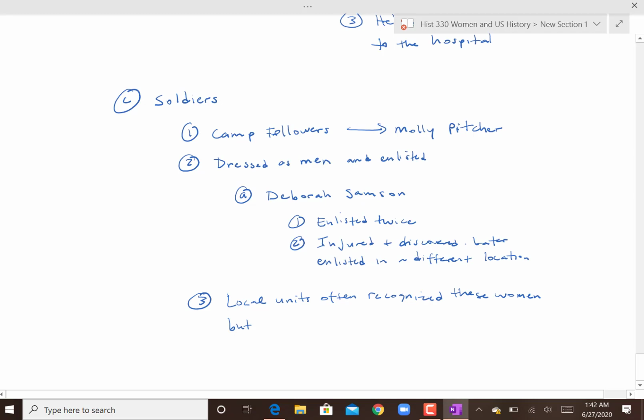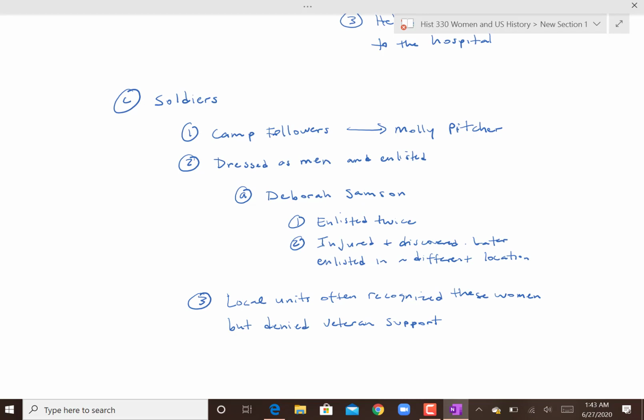But as official soldiers, they were not recognized. They were denied veteran support. Deborah Sampson eventually got some, she continued pressing for it, but they were denied veteran support because they were not said to be official soldiers. And technically, they risked jail for this because it was illegal.